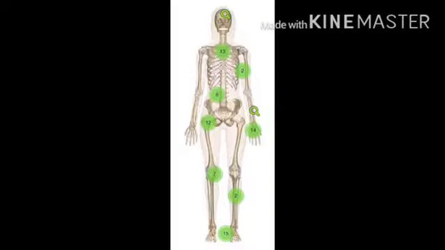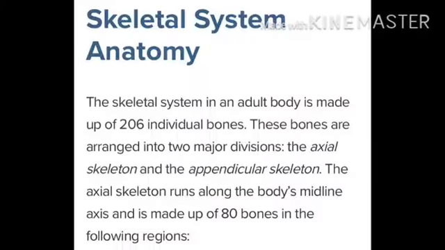See, this is the complete skeleton system of an adult. The skeleton system in an adult body is made up of 206 individual bones. These bones are arranged into two divisions, the axial skeleton and the appendicular skeleton. The axial skeleton runs along the body's midline axis and is made up of 80 bones in the following regions.